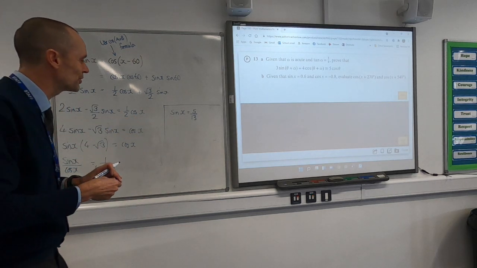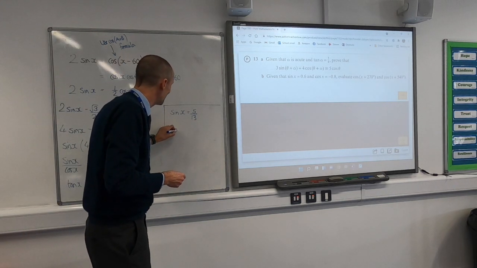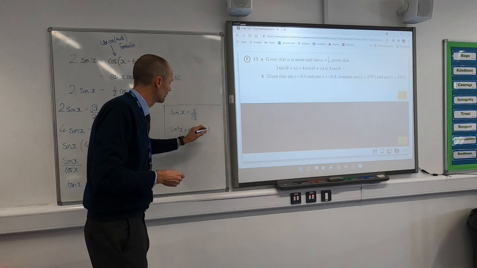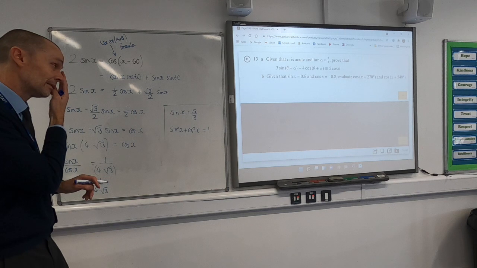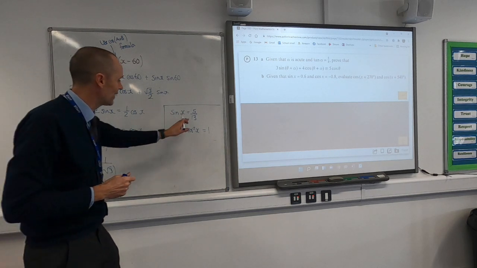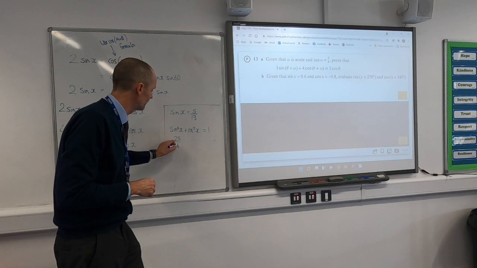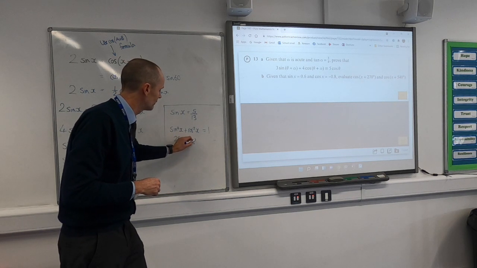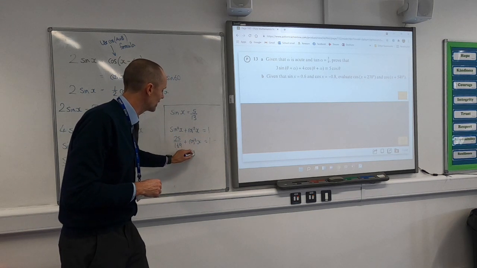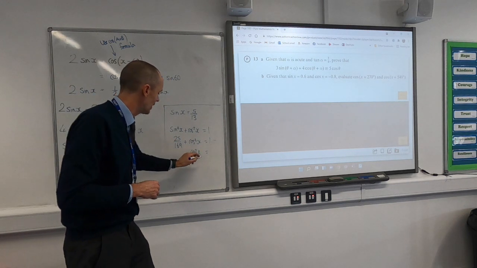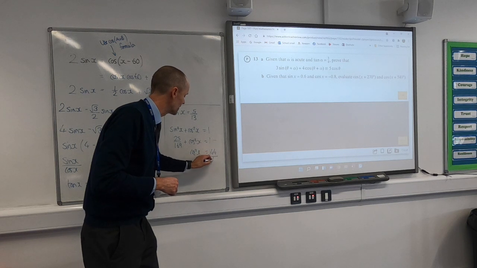But no, we're supposed to use the identity and say, okay, if that's sine x, then sine squared is just that squared. So cos squared x is 1 minus that, which is 144 over 169.